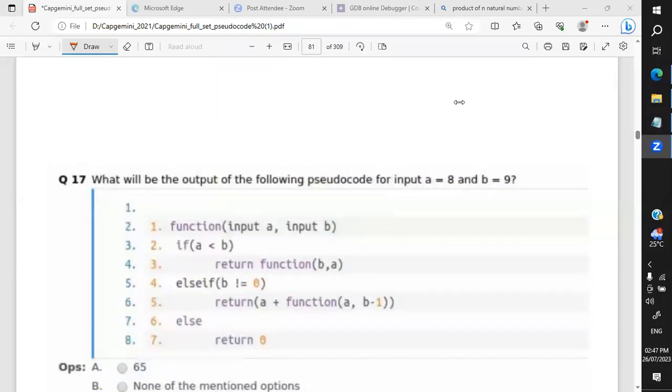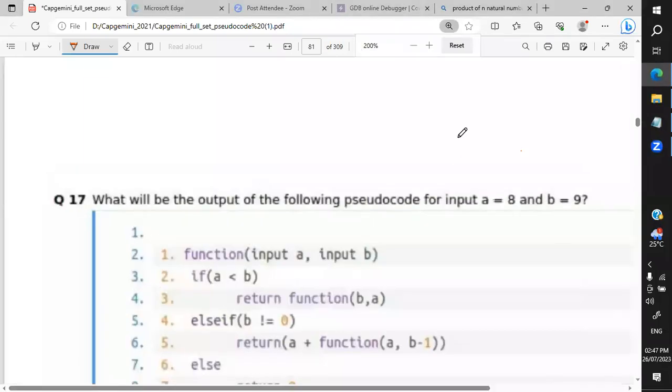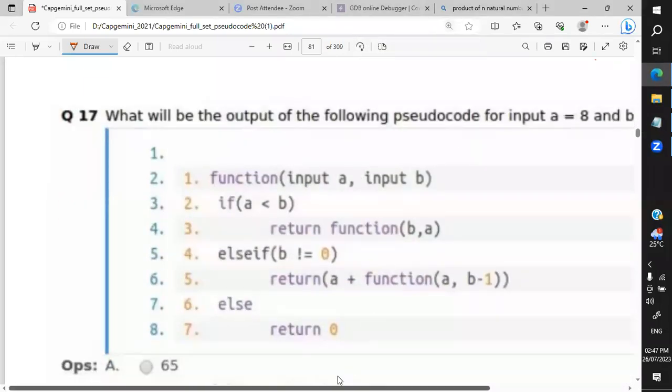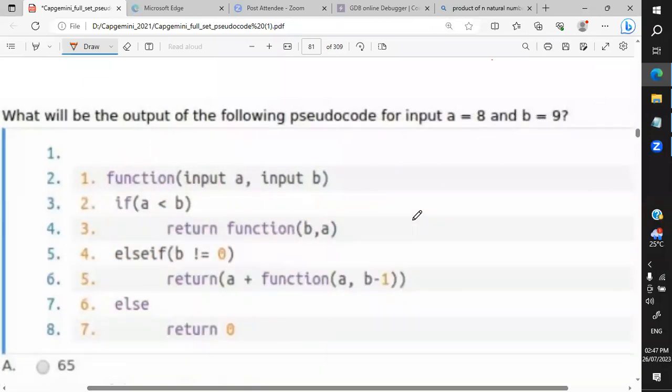Next, try this question, everyone. 8 and 9 are the inputs.